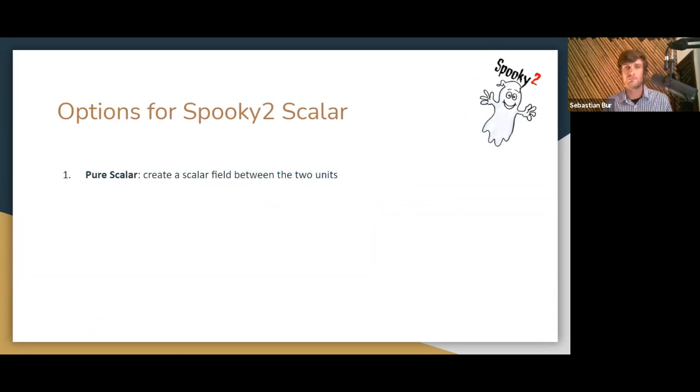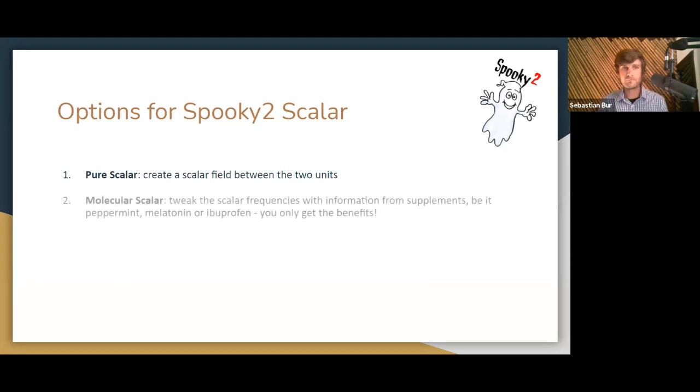So you just put the 2 units up and you tune them, and you created a scalar field. That's simple. This is then just a pure scalar field. So if you sleep in it, your cells will get information to communicate properly again, and so on. It will increase your health and your well-being.